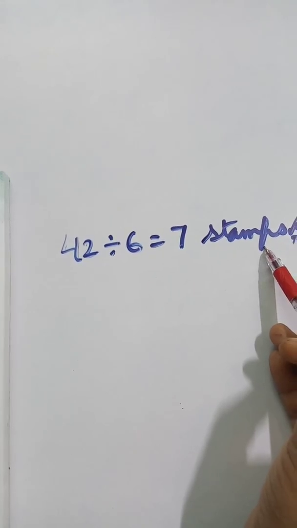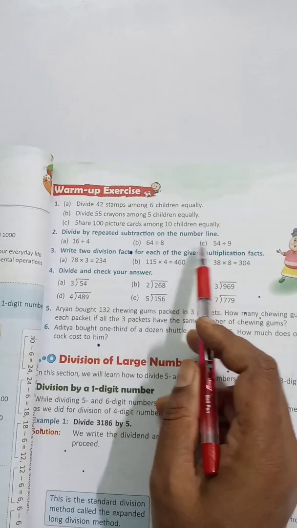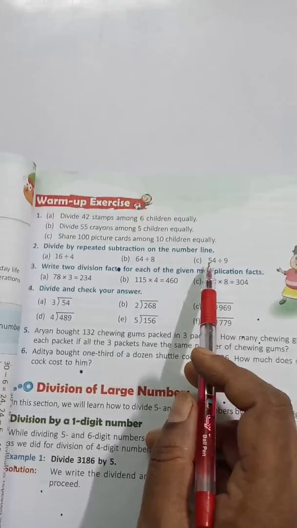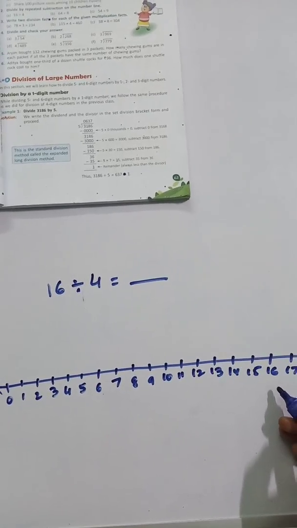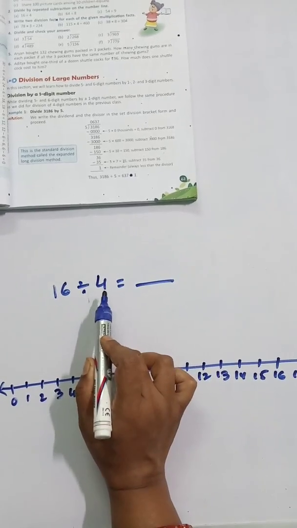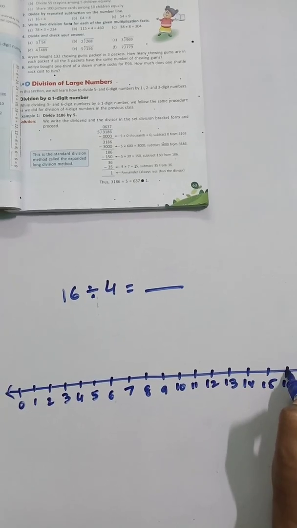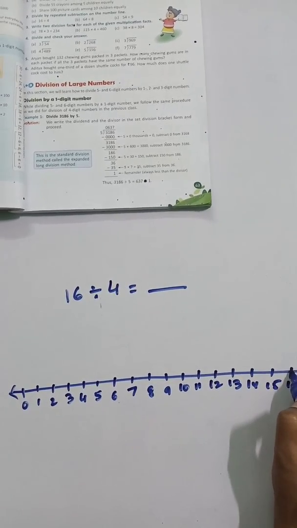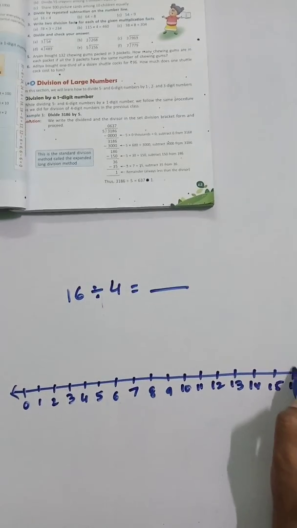Now moving to question number 2. Divide by repeated subtraction on the number line. So children, here you need to draw the number line. Children, here we have a number line. Now start from number 16 and jump 4 steps back because we are dividing. From 16, 1, 2, 3, 4.